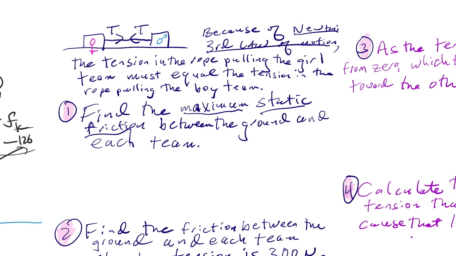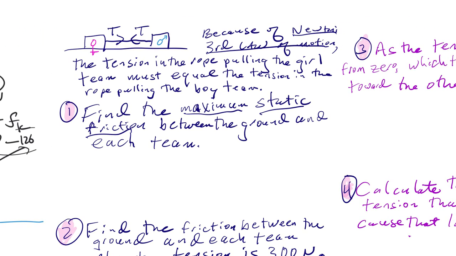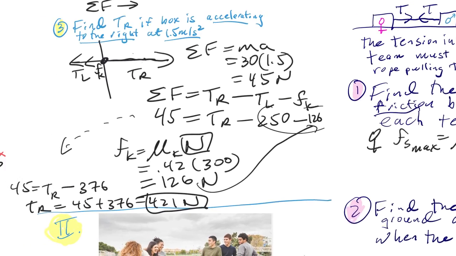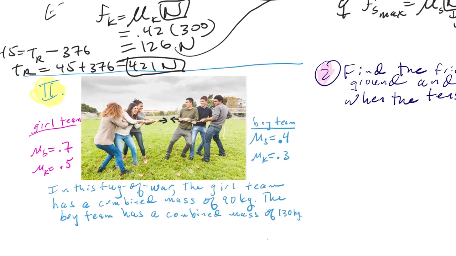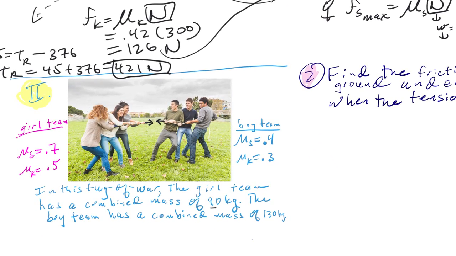Okay, find the maximum static friction between the ground and each team. So here's the girl team. The maximum static friction is equal to mu S times N. N's the weight, right? Which is mg. So for the girls team, the mass is 90 kilograms.